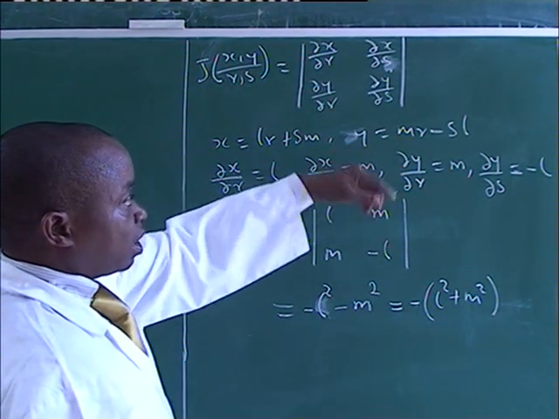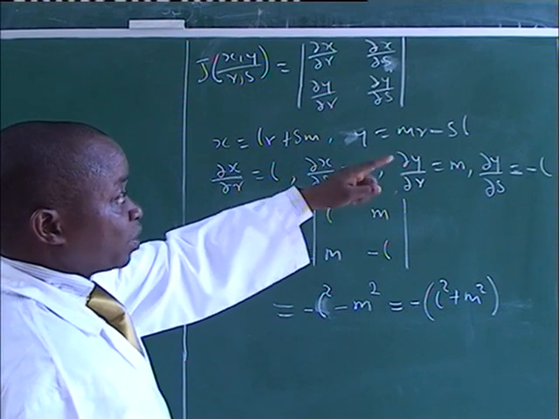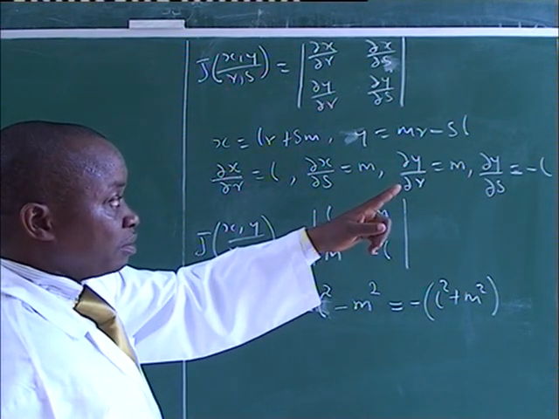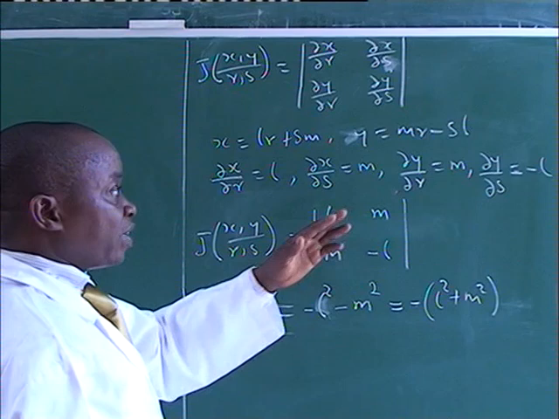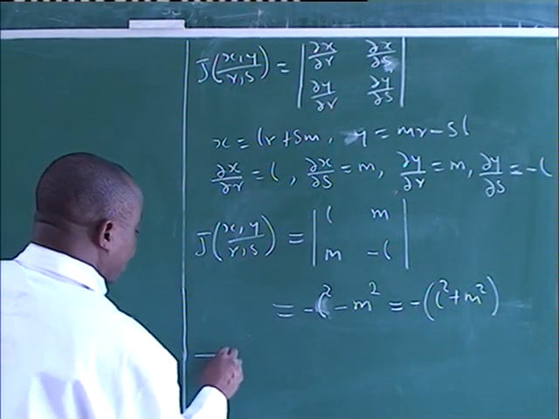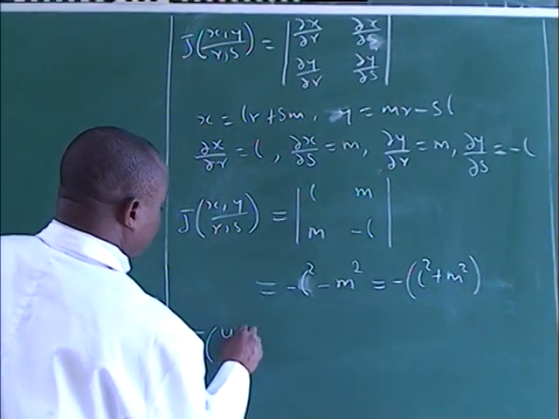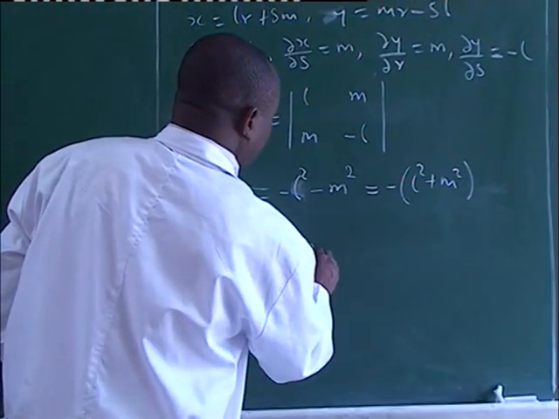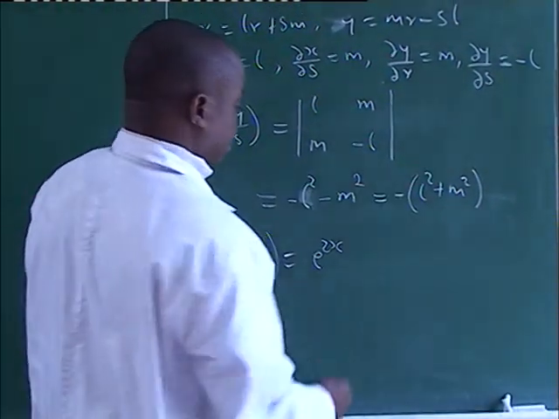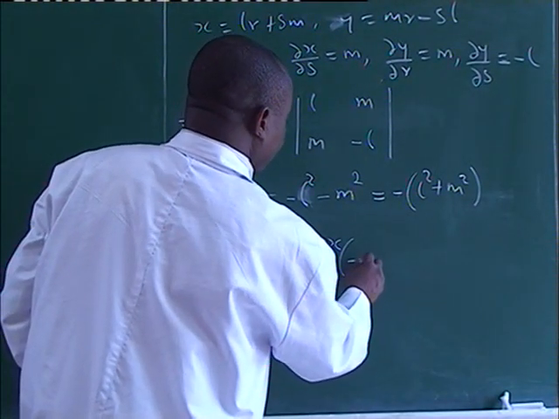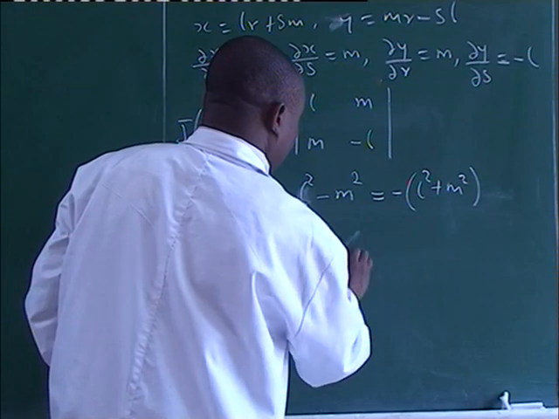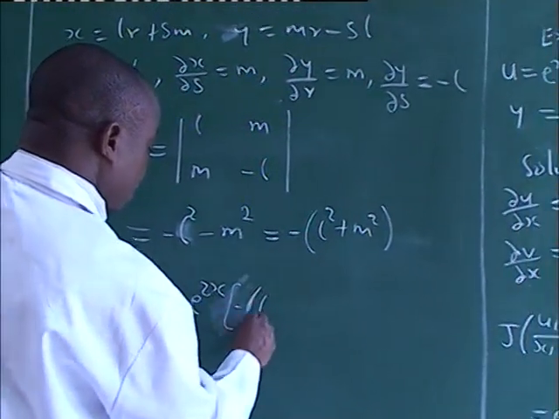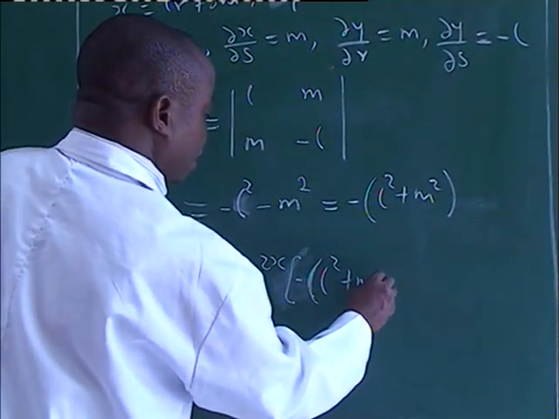Now the Jacobian of uv with respect to rs is the same as the Jacobian of uv with respect to xy times the Jacobian of xy with respect to rs. So what we need now, the Jacobian of uv with respect to rs is the same as e^(2x) times minus L squared plus M squared.